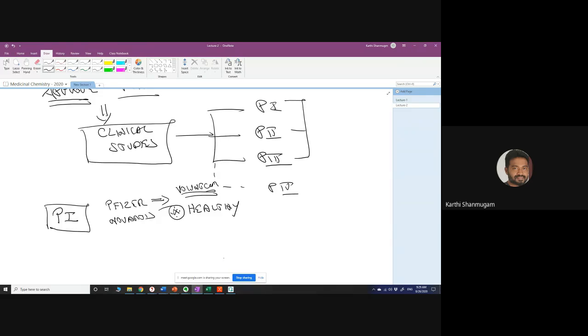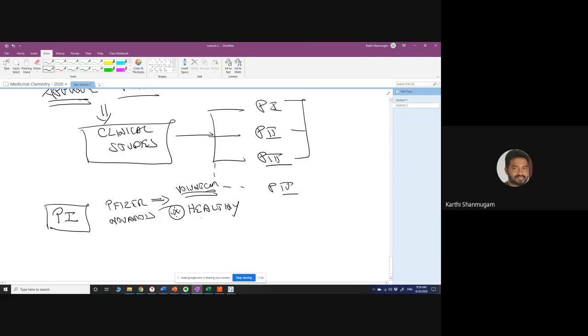So they call for healthy volunteers. They will say that we have some drug molecule which is very promising on animal models, and we just want to evaluate it on the human system. So they need persons who are interested to take this molecule and participate in this phase 1 clinical trial. Okay. So not everyone will show willingness, right? Some may show willingness to the company, so they can submit the application form.